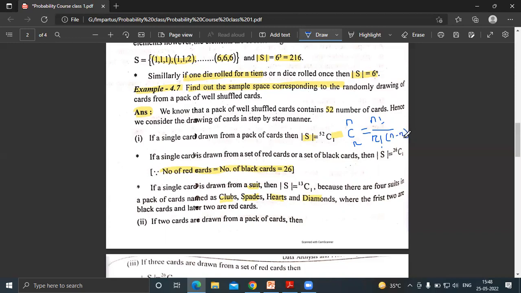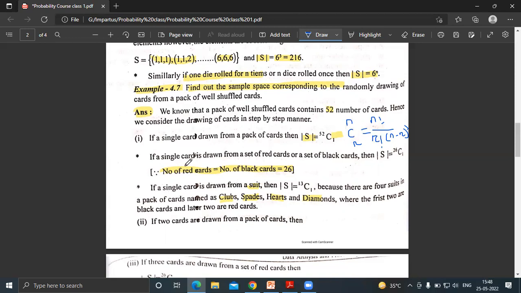By using that formula, you will be able to solve 52C1. But directly, if 1 is below C, you will directly write its answer is n, that is 52.